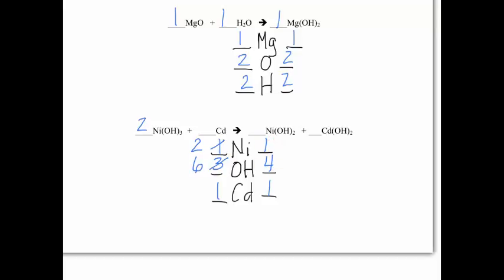So I want to fix that. I'm going to try doubling it because I know that'll fix my nickel. And then counting up all our OHs, 2 times 2, here we have 4, plus the 2 from over here gives us 6. And that fixed that.